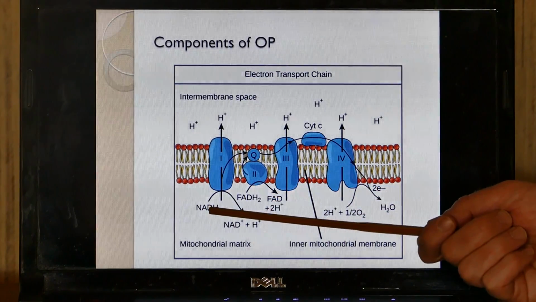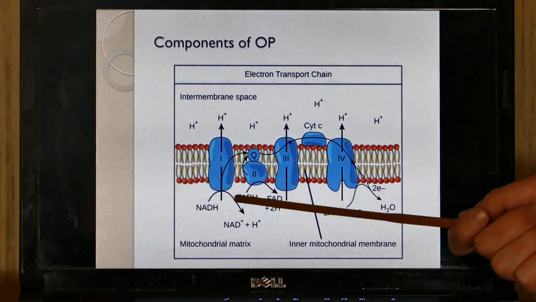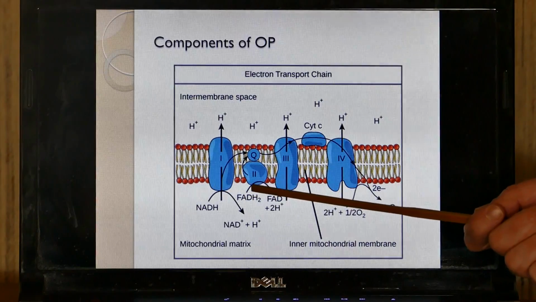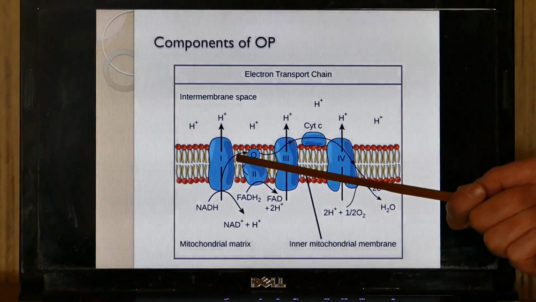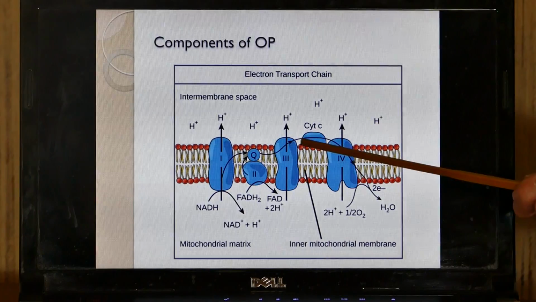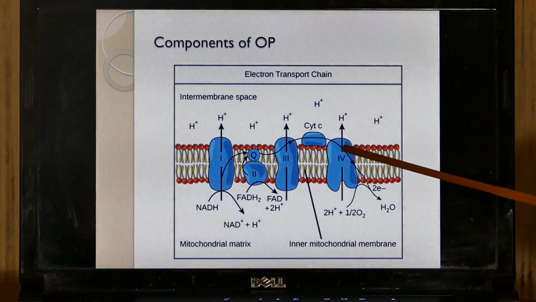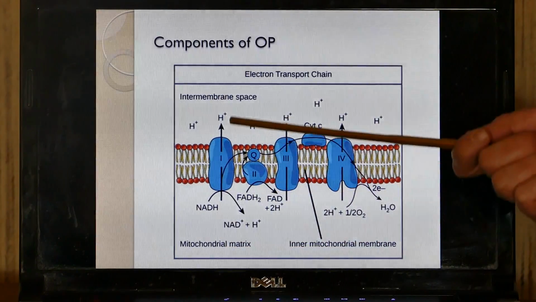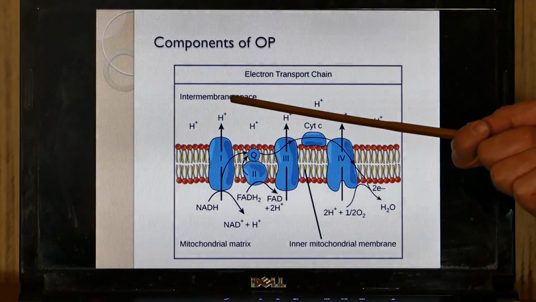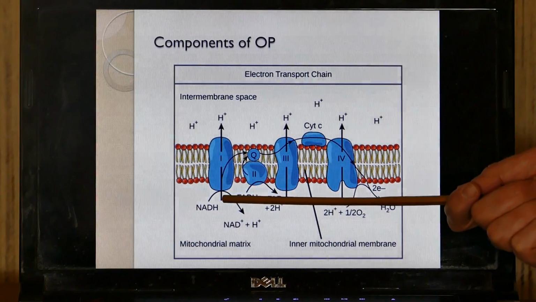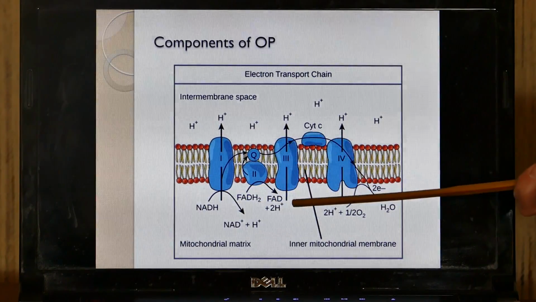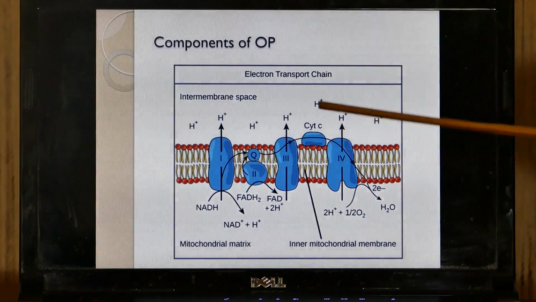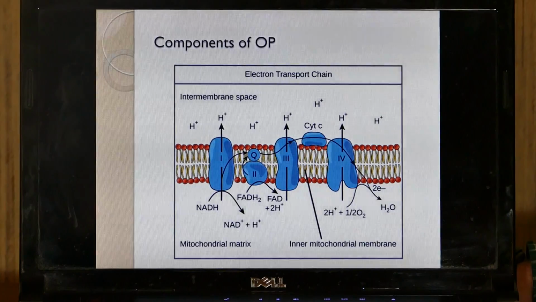We see where NADH and FADH2 feed their electrons into the chain, and we see the path that the electrons take through the whole, from one protein to the next. In the mitochondrial matrix, the inside here, and the inner membrane space outside here. You also see hydrogen ions being pumped out by these proteins from the matrix to the inner membrane space. We'll get to that later as well.